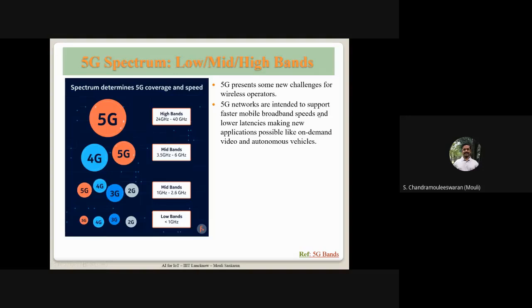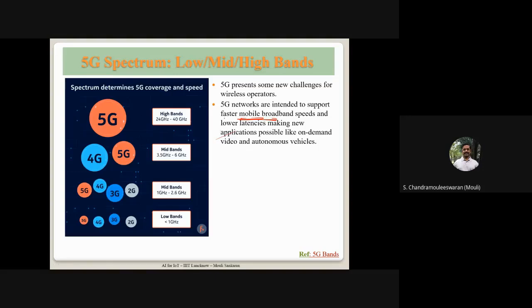What are the challenges? They are intended to support faster mobile broadband speeds. The speed they need to support is much more. Mobile broadband means data communication, not voice: a file transfer, YouTube or video.